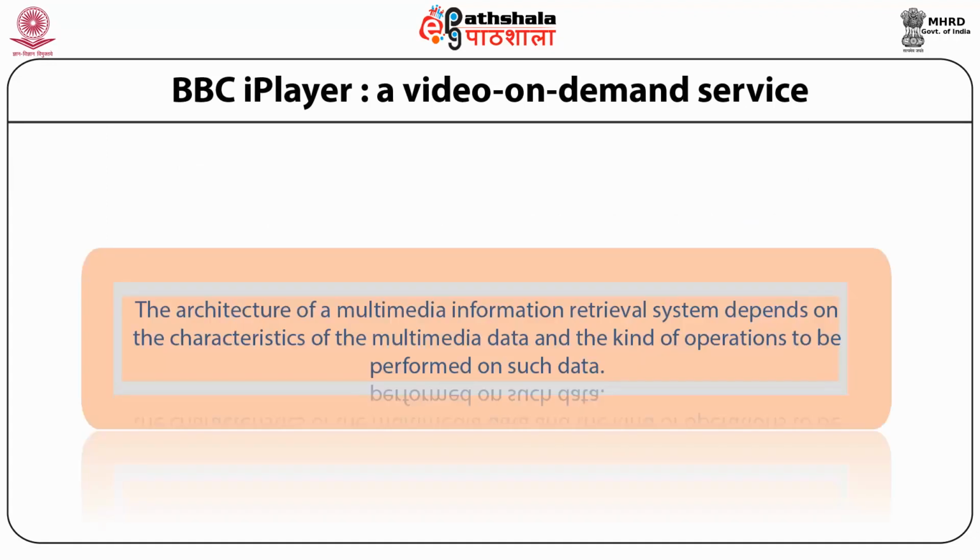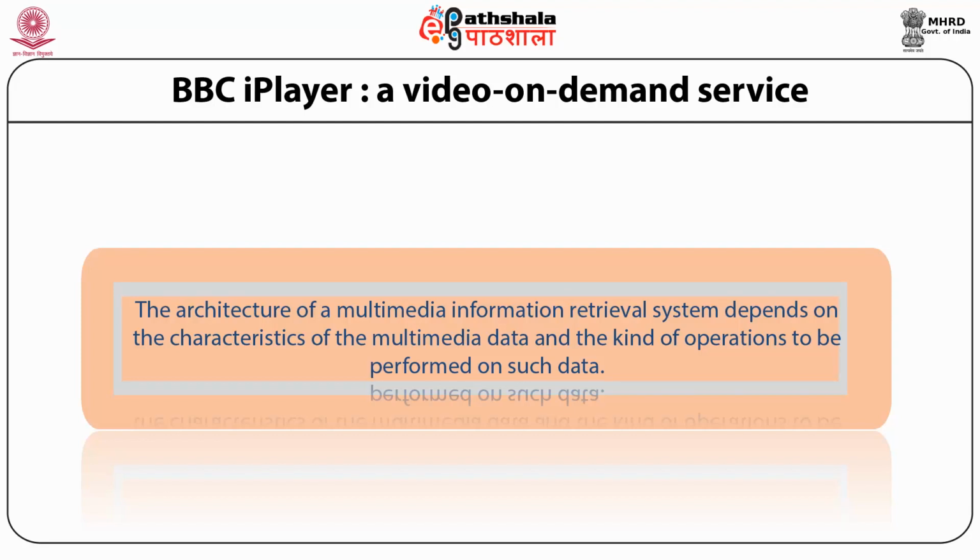The architecture of a multimedia information retrieval system depends on the characteristics of the multimedia data and the kind of operations to be performed on such data. For example, if you have to build a multimedia information retrieval system, what kind of architecture are you going to prefer? The architecture we choose will depend on the characteristics of the multimedia data.